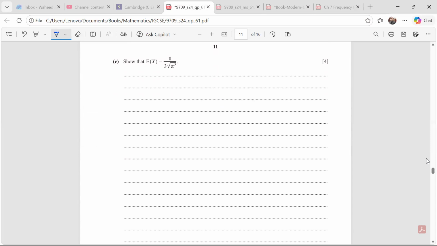We need to find the expected value of x. You know that the expected value of a random variable x, we find by multiplying x by the probability density function of x, dx, and integrating it over the whole space.